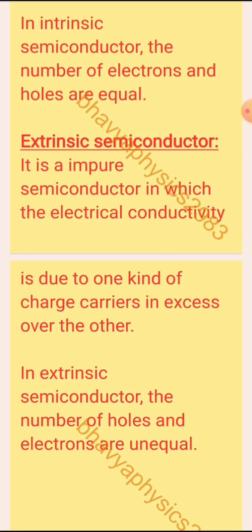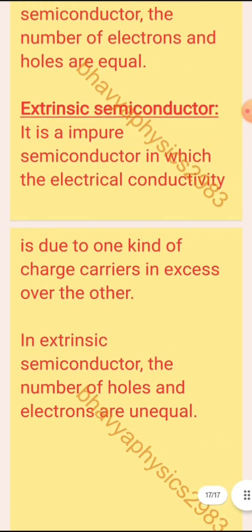Therefore, there is no balance of electrons and holes. The number of electrons and holes are not equal in an extrinsic semiconductor. Extrinsic semiconductors are mainly of two types, P type and N type. In P type, holes are more in number than electrons. In N type, electrons are more in number than holes.